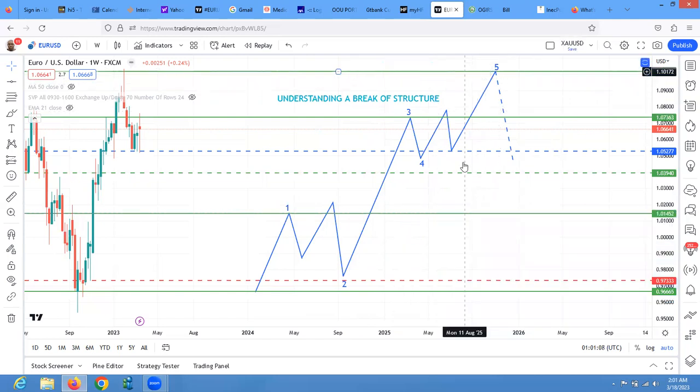Breakout structure, that is what I'm teaching us to know this is the next thing that the price is going to do.